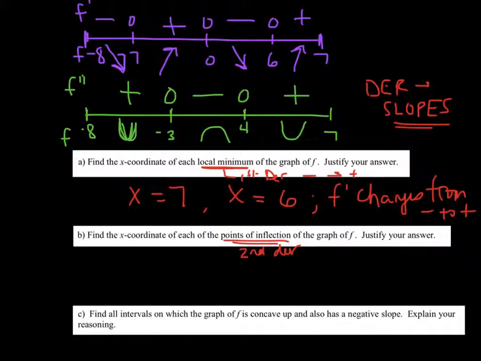So if I look here, I would say that I have a point of inflection at x equals -3, looking at this chart here, because I'm changing from positive to negative, and then I change from negative to positive, so at x equals 4. So those are my 2 points, my 2 x-coordinates of the points of inflection. So x equals -3 and x equals 4. And my reasoning would be that f double prime changes sign.